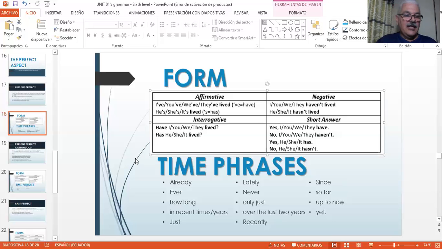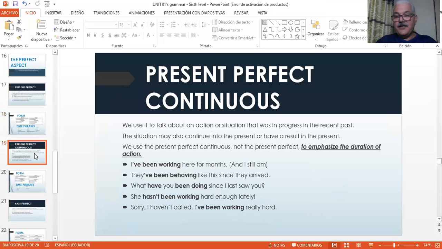Then the present perfect continuous will be similar to the present perfect, but in this case, we add the action into its, let's say, continuity, that is into its constant, let's say, repetition in a period of time.